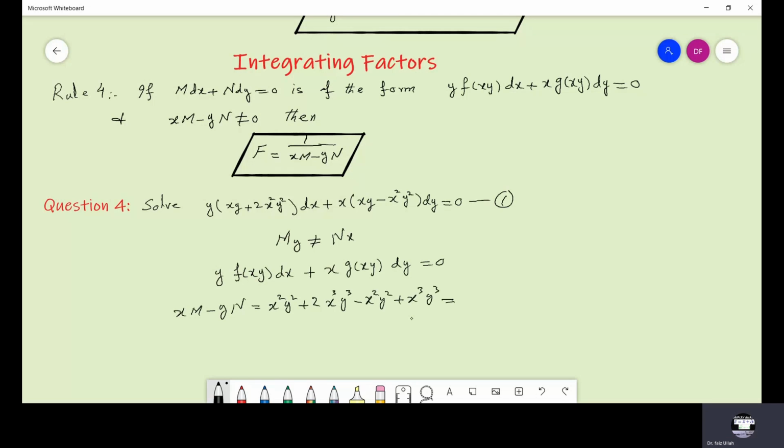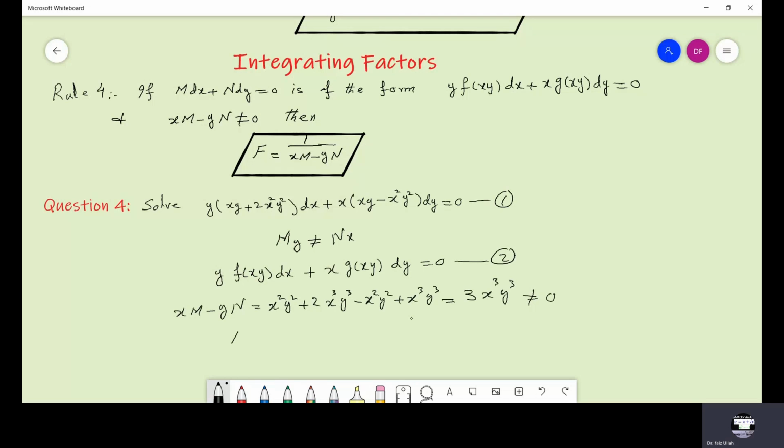If we simplify this, we get 3x cube y cube, and we can see that this is not equal to 0.